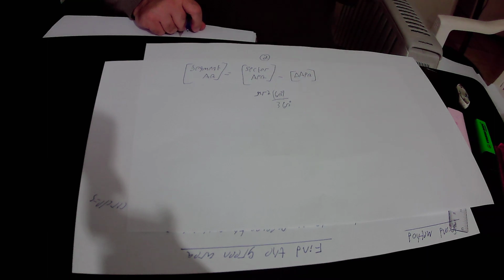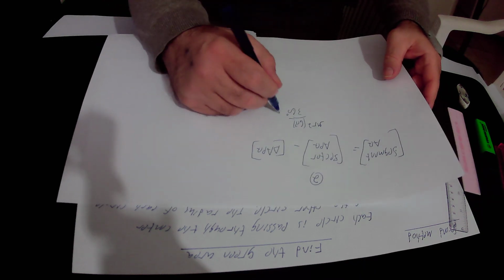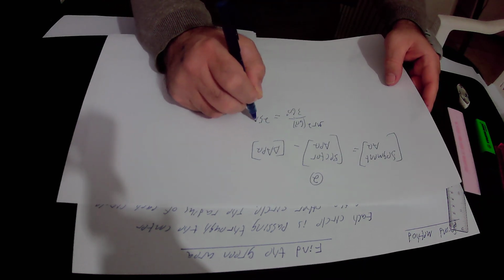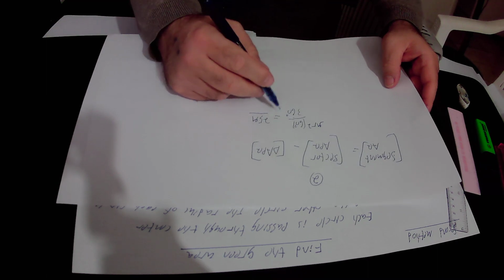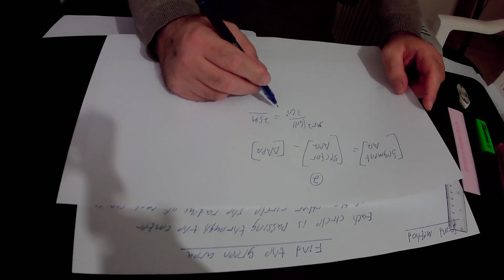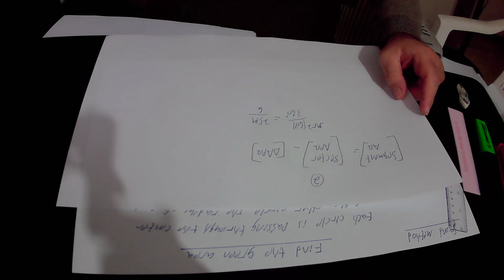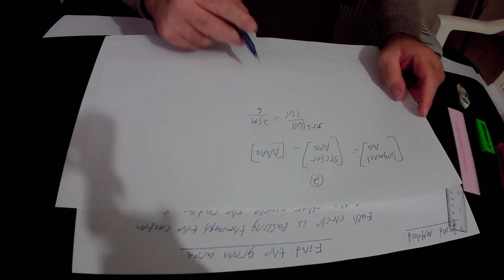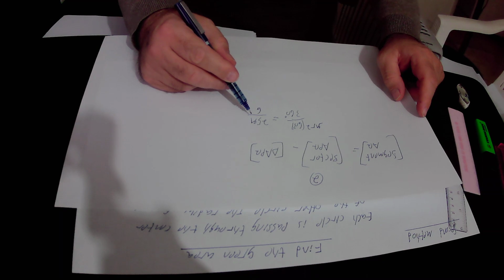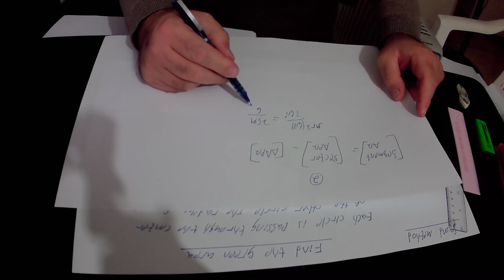Here r equals 5, so r square is 25. So we get 25 pi, and 60 degrees over 360 degrees is 1 over 6. So the area of sector APQ equals 25 pi over 6 square units.